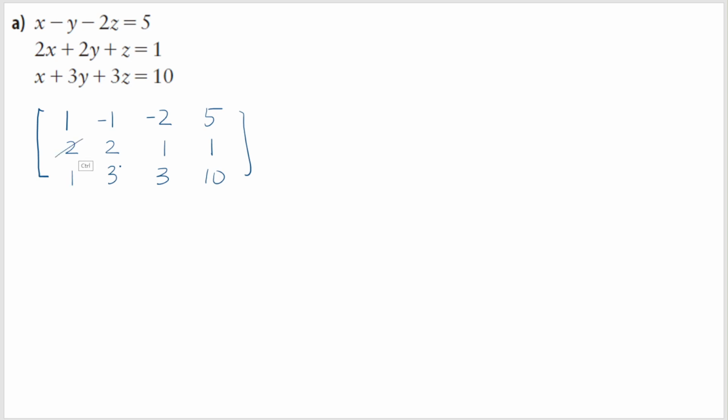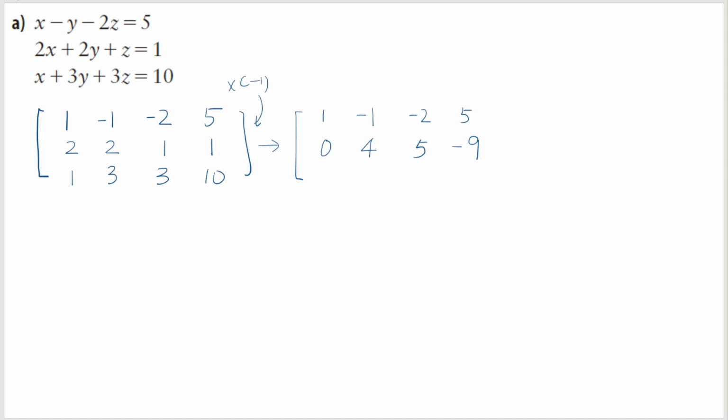We want them to be 0, right? So first of all, we could use the first row times the -1 added to the second row, right? And this will give us 1, -1, -2, and 5. And second row becomes 0, 4, 5, and -9, right?